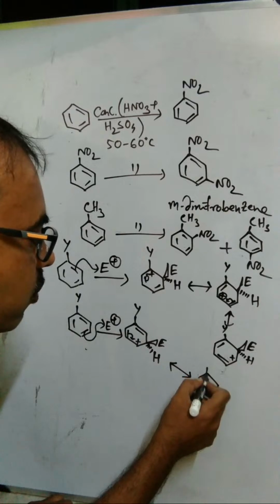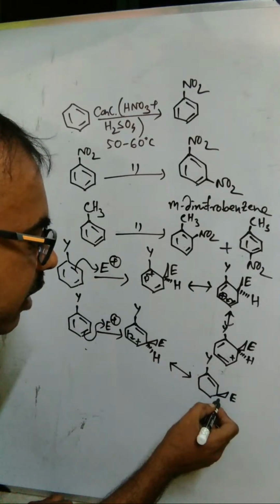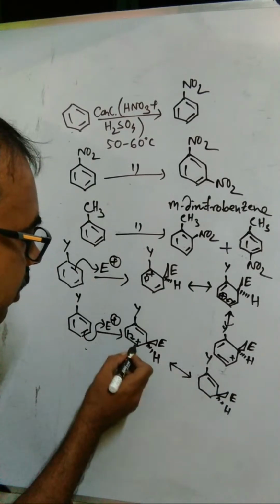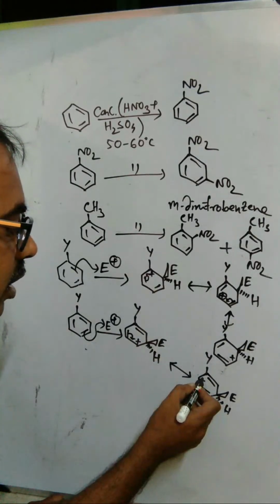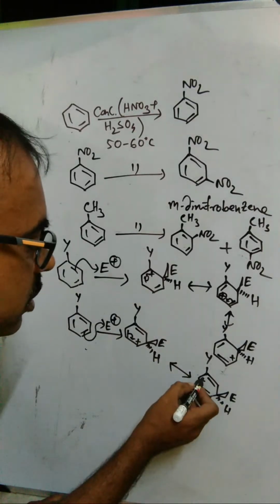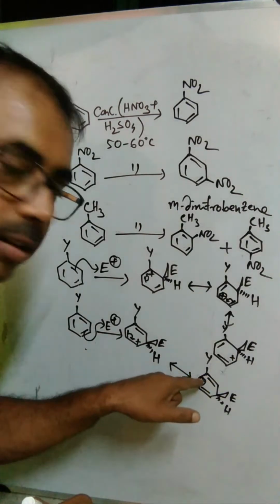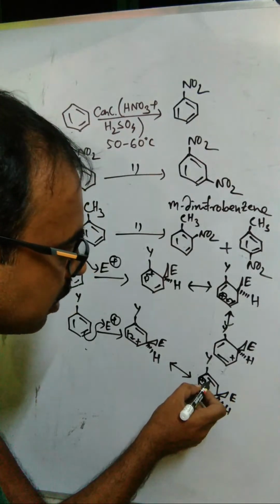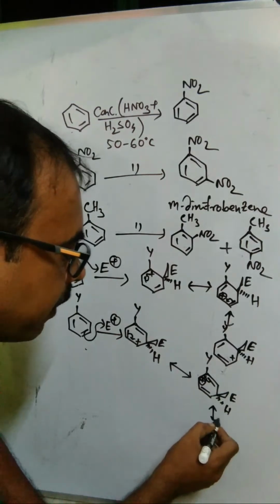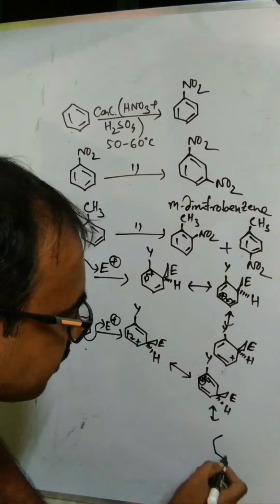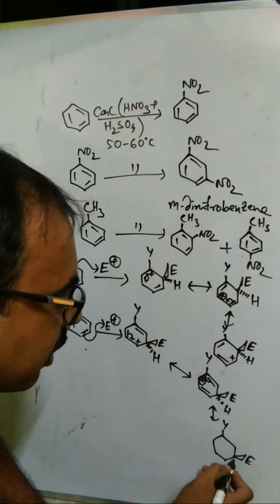Here the substituent Y is present, these pi bonds remain intact, the electrophile is above the plane and the hydrogen is below the plane. The bond comes here to make a double bond, and the bond is broken from this carbon, so in this resonating structure this carbon will carry a positive charge. Now to reduce that positive charge, this pi bond will come here to make a double bond, and the next resonating structure is the hexagonal benzene with Y, the electrophile above the plane and the hydrogen below the plane.